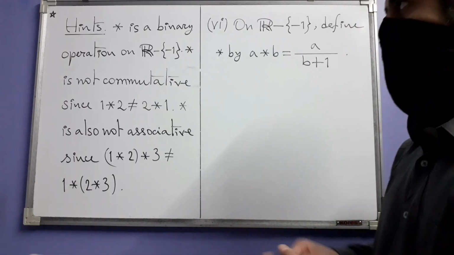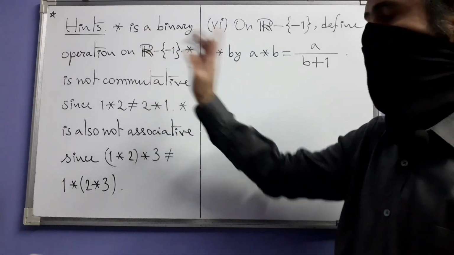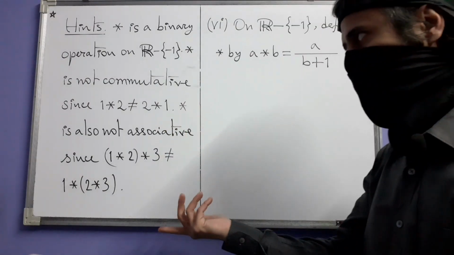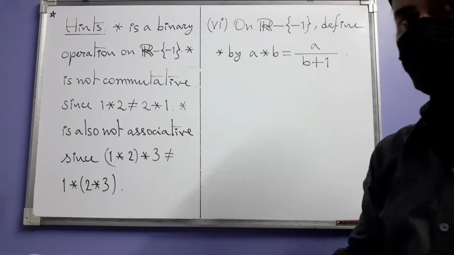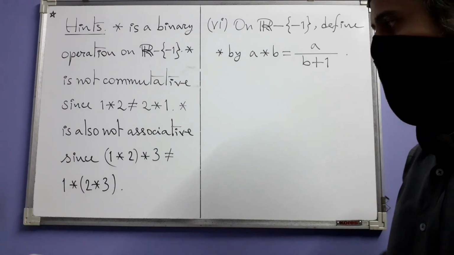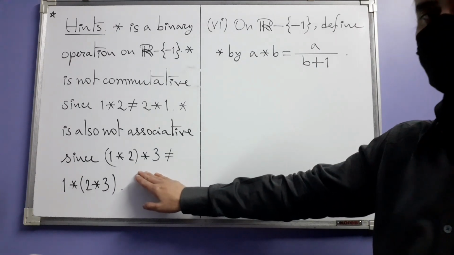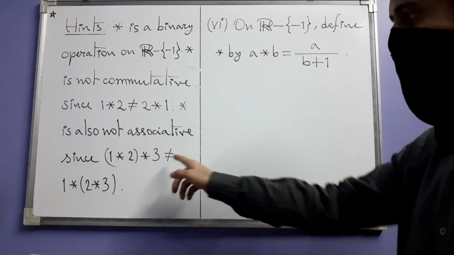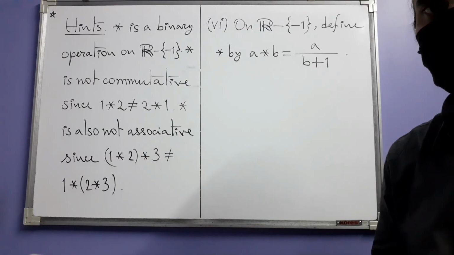And again the same hints. Star is a binary operation on this set. And star is not commutative again because 1 star 2 this time is also not equal to 2 star 1. And it's also not associative because if you consider the product 1 star 2 star 3 bracketed in the two possible ways, then they are not the same. You can do the calculation yourself.